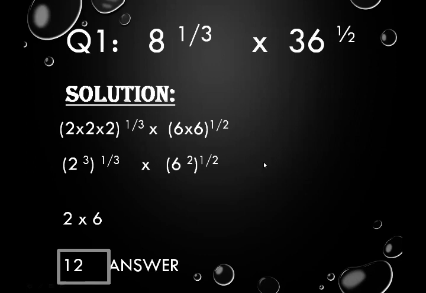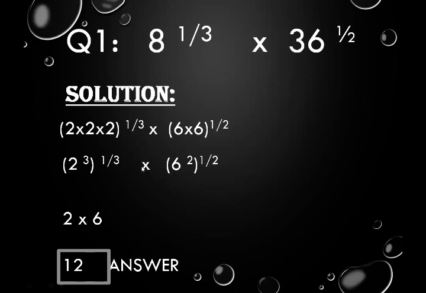So, when we make the factors, it will give us 2 multiplied by 2 multiplied by 2, with 1 over 3 as the exponent. Similarly, when we come toward 36 to the power 1 over 2, we know 36 is a perfect square number. It can be broken as 6 multiplied by 6. Two identical factors are possible.